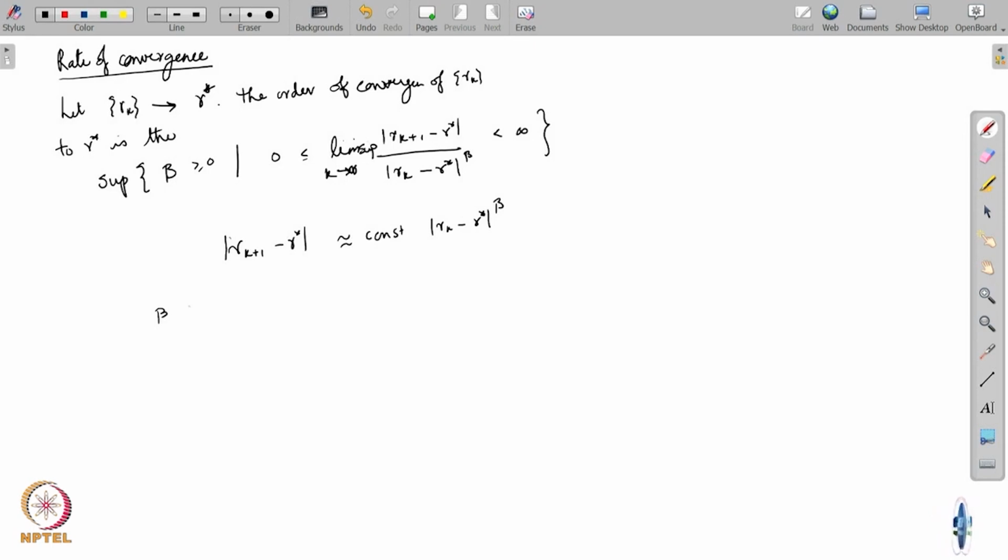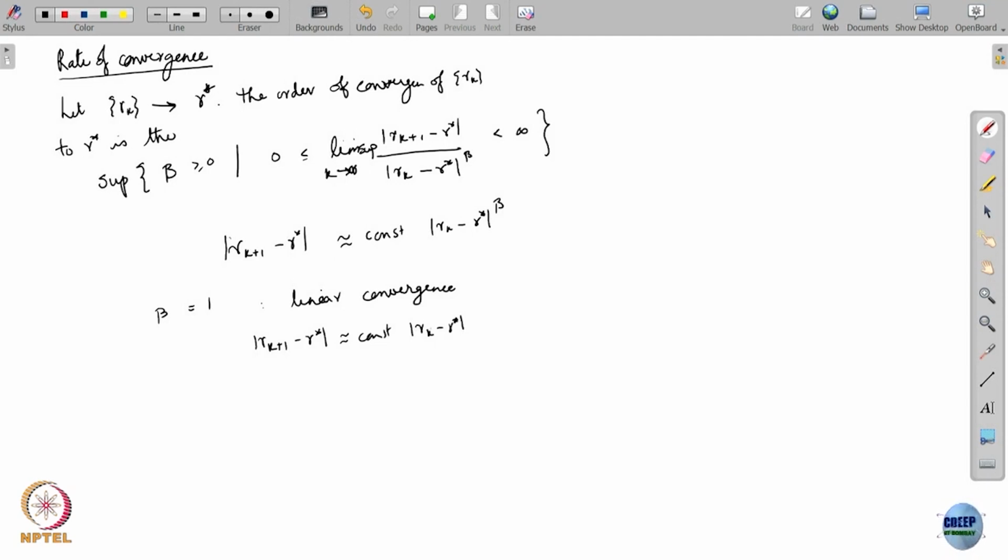Okay. So, if beta turns out to be 1, we say it's linear convergence, which means that the updated distance between where you want to be and where you currently are is roughly equal to a constant times your earlier distance R k minus R star.